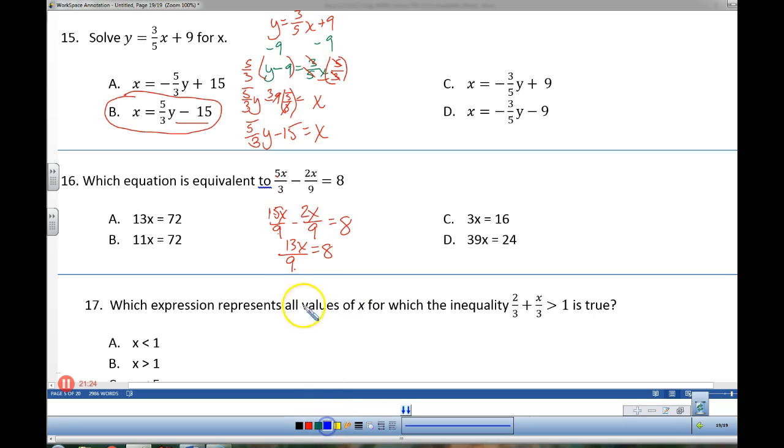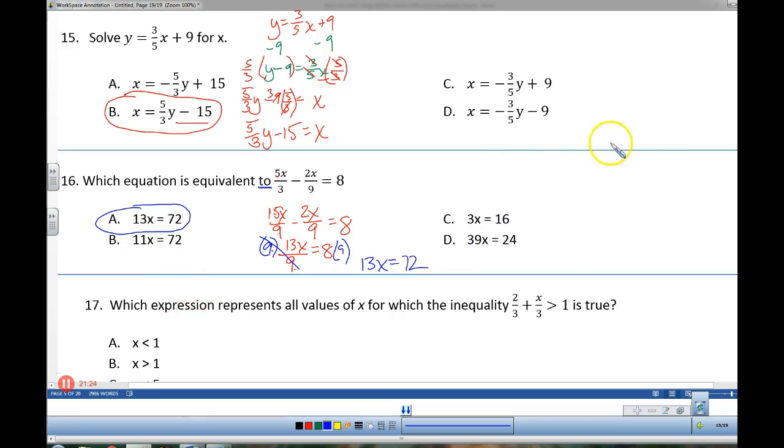I got to get rid of that 9, so I multiply both sides by 9. On the left, I have 13x. On the right, I have 8 times 9 is 72. So the answer is A.